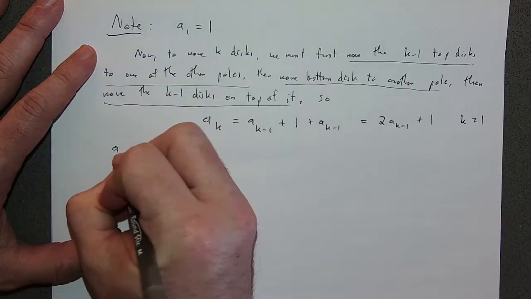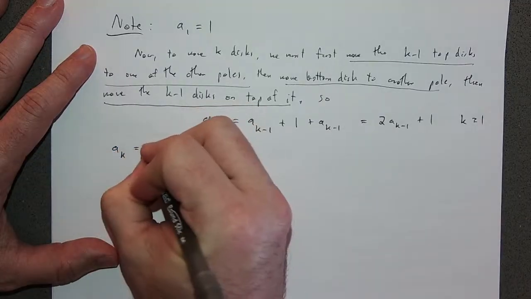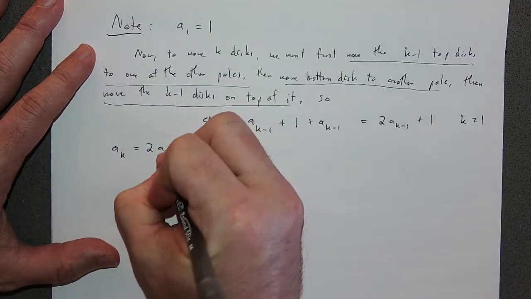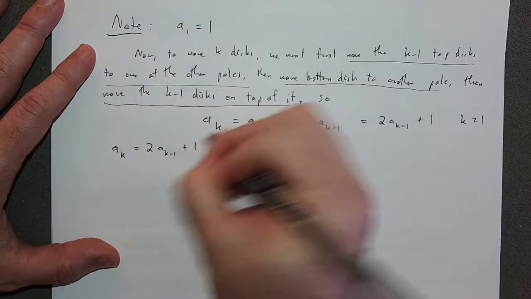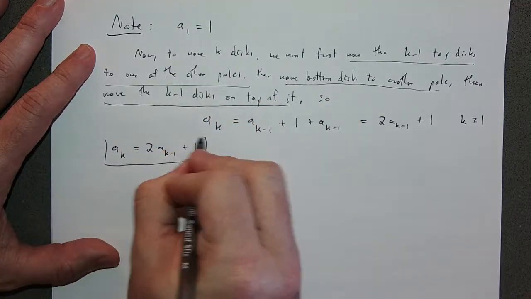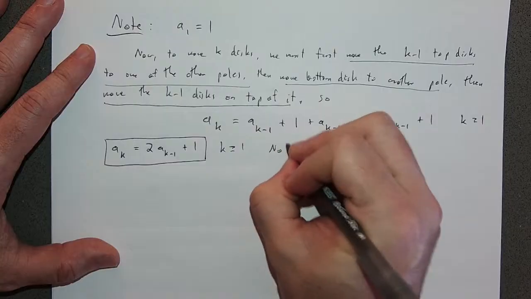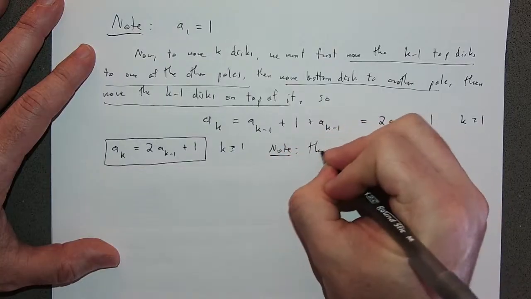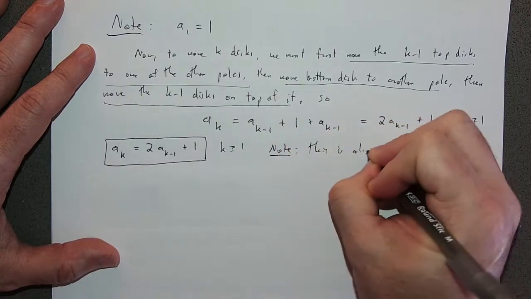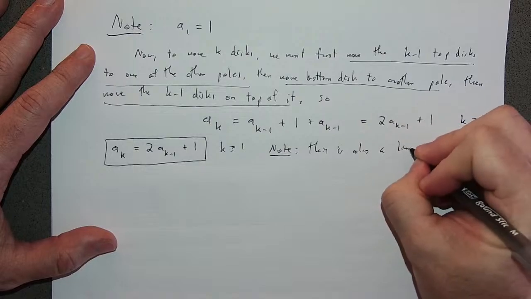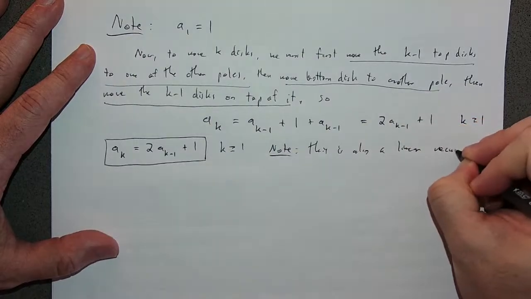So this is the relationship we have. Note, this is also a linear recurrence relation.